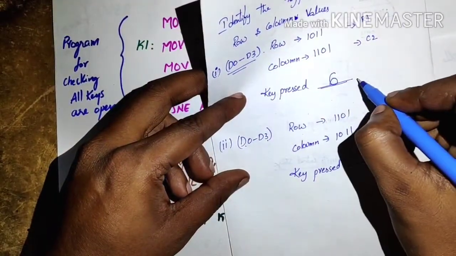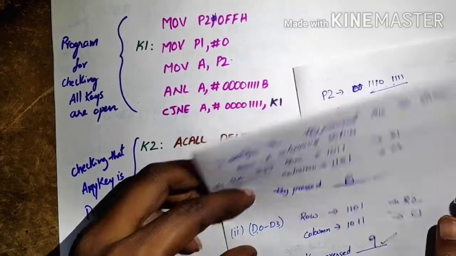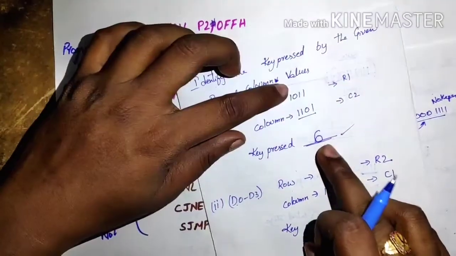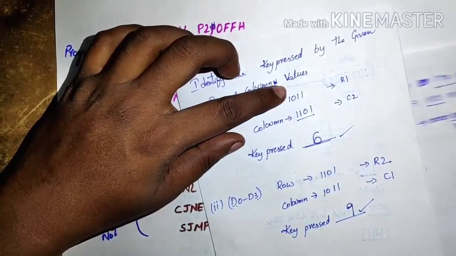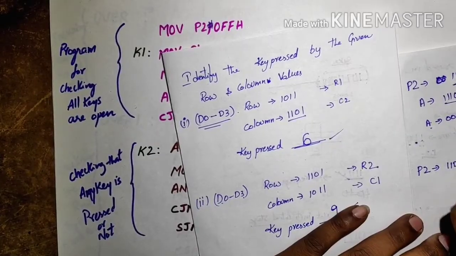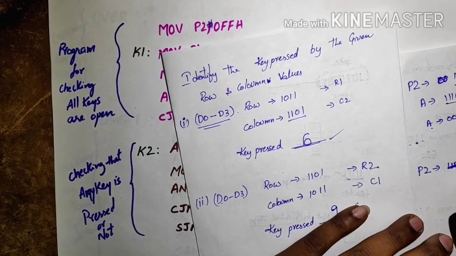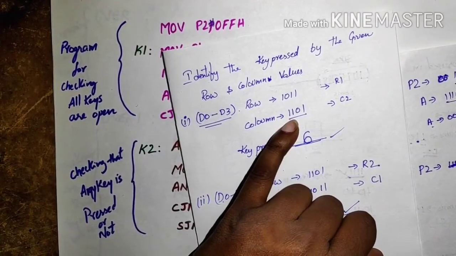We will take this example for 6. So we have pressed key 6. When we press key 6, what will be the value of columns? 1101, the last 4 bits.